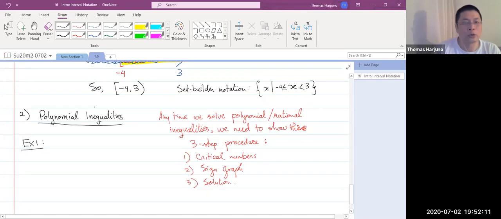Suppose for example, we need to solve 2x squared minus 3x minus 2 greater than 0.